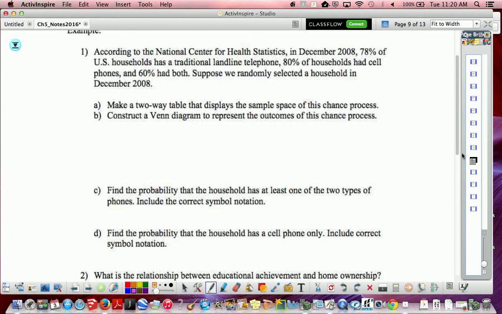Suppose we randomly select a household in December of 2008. So, question A says make a two-way table that displays the sample space of this chance process. B asks us to do the Venn diagram. Okay. So, what are the two devices we're looking at?